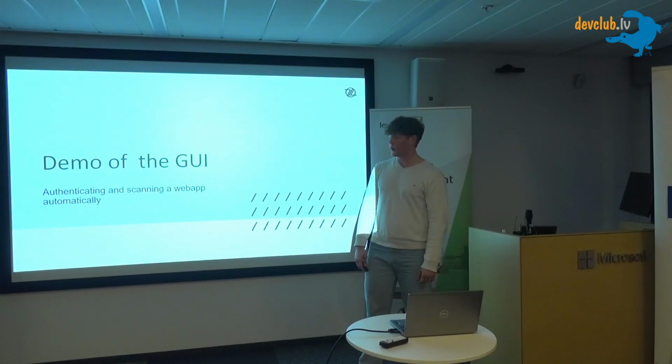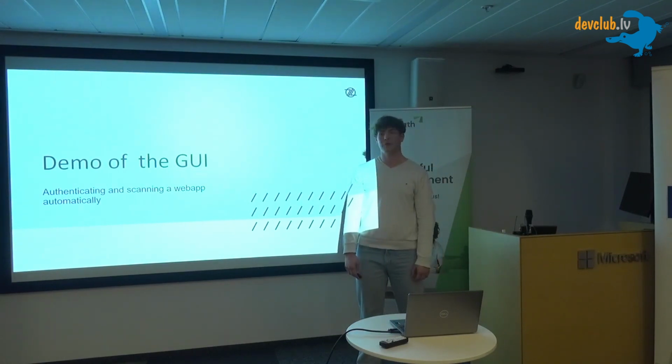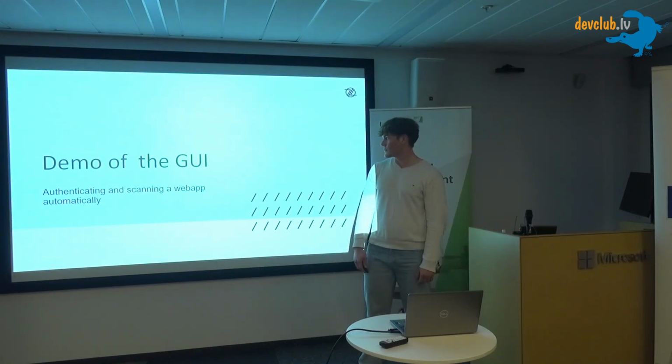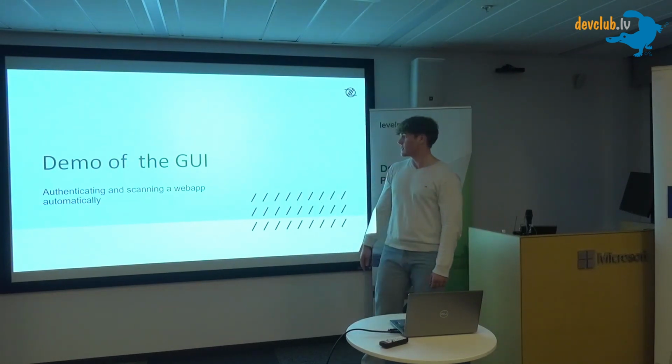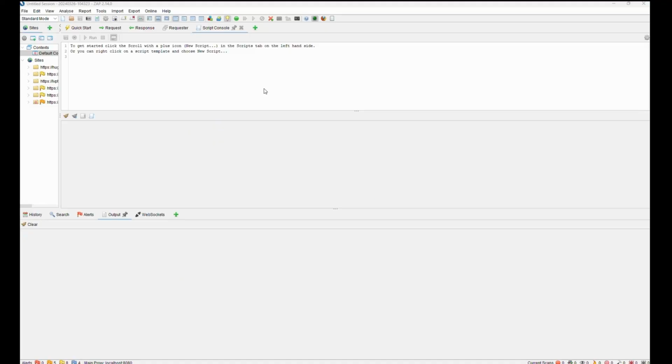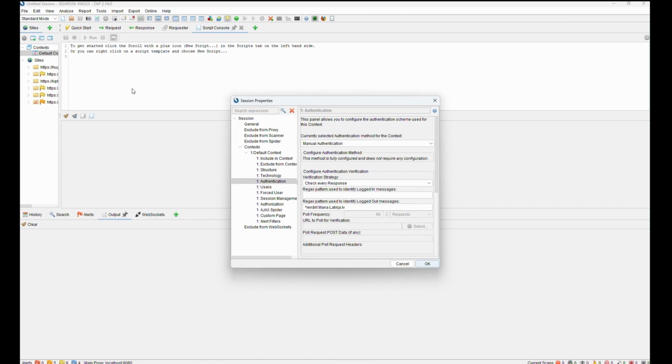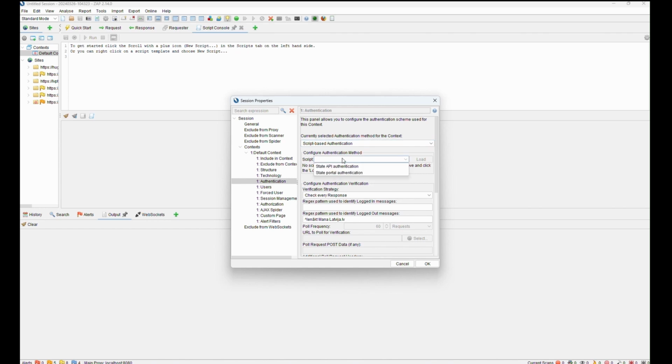And for probably the part you all were waiting for, the demo of the GUI, we will see how the app authenticates and scans a web app automatically. I have added some sites for this demo. Right now we are configuring authentication. We are choosing the script-based authentication option, choosing the state portal authentication.